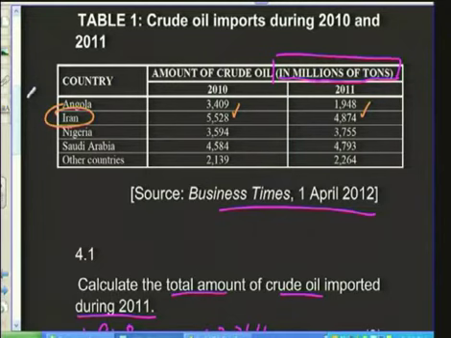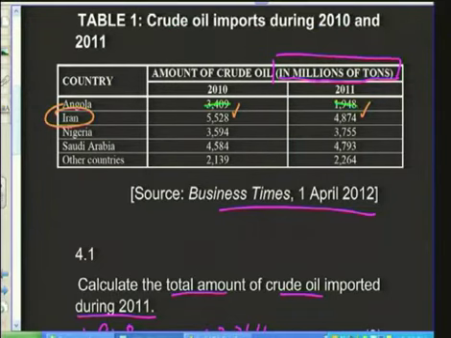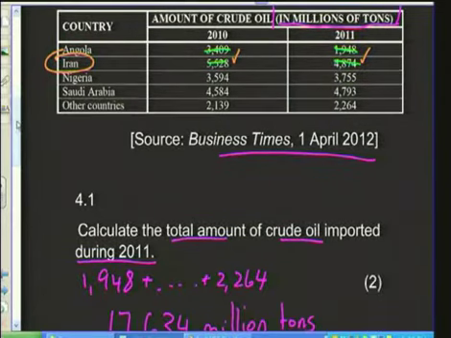So Angola, let's change our color so we don't get confused. Angola's out. Iran went from 5.5 to 4.74, that's also out. 3.5 to 3.7, okay, that one's looking good. The next one, 4.5 to 4.7, also could be. So the last three could be possibilities.